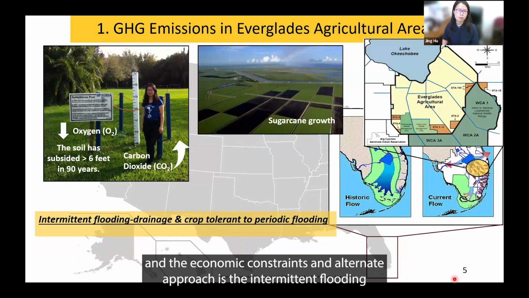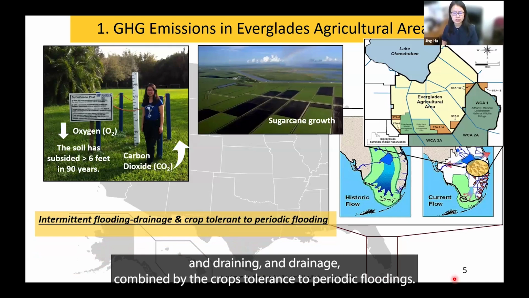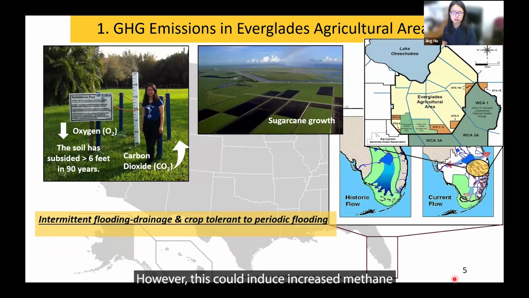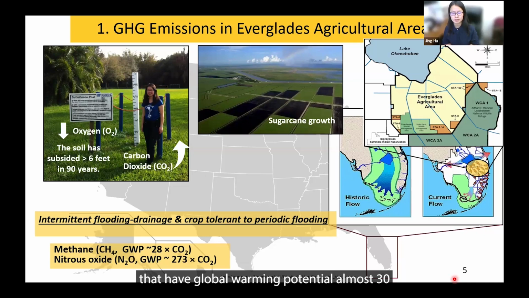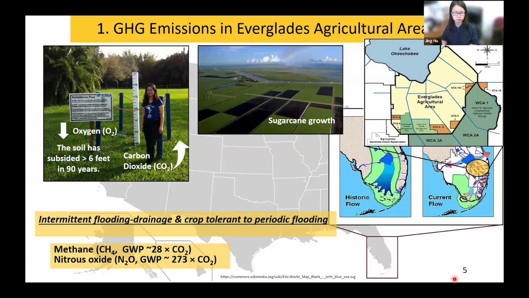An alternative approach is intermittent flooding and drainage, combined with the crop's tolerance to periodic flooding. However, this could induce increased methane and nitrous oxide emission, which are two potent greenhouse gases that have global warming potential almost 30 times and over 250 times higher than carbon dioxide.